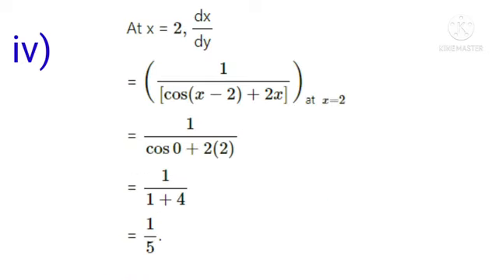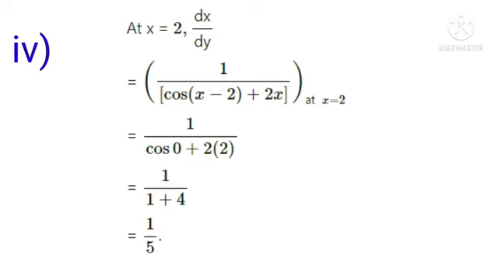So at x is equal to 2, we have to find dx by dy. So dx by dy is equal to 1 upon cos of x minus 2 plus 2x at x is equal to 2. We have to find this value at x is equal to 2. That is, we put x is equal to 2.